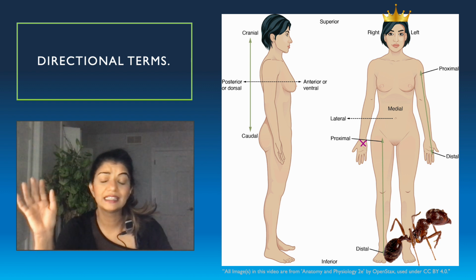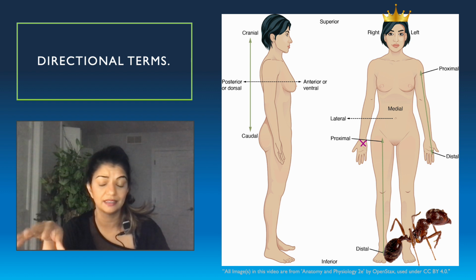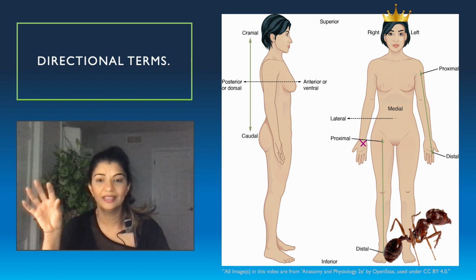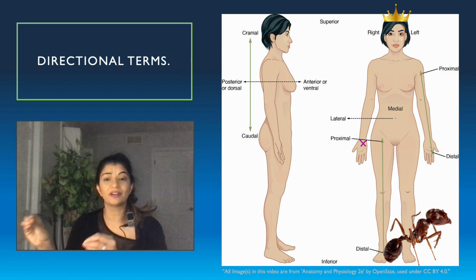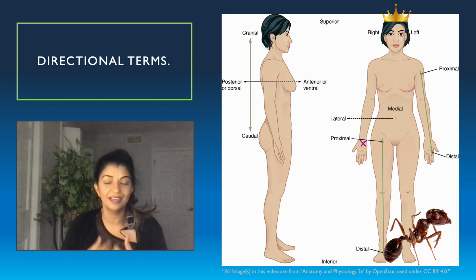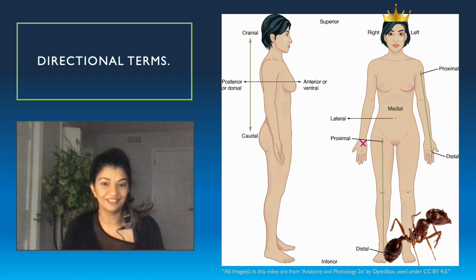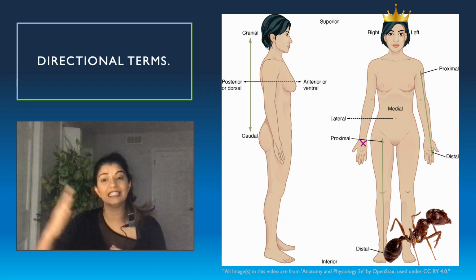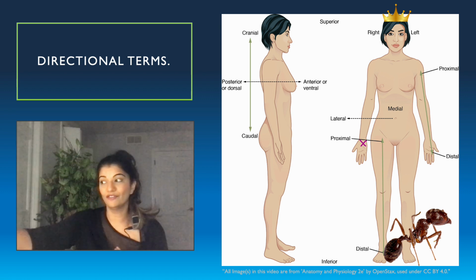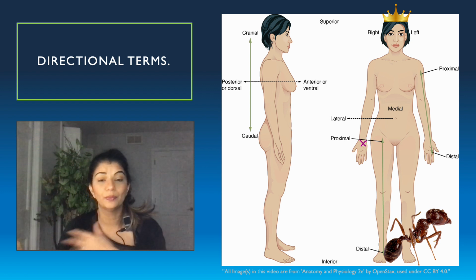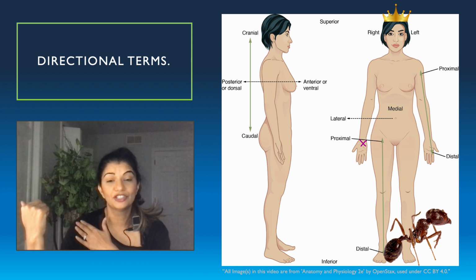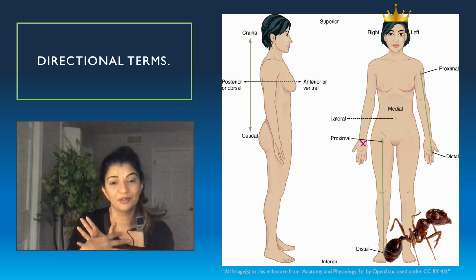And then one that is often a bit tricky for people is proximal and distal. If you're in rehab, this is one that's commonly used. Proximal means proximity, which means it's closer to the core, and distal, just like the name suggests, is going to be distant from the core, right? So your fingers are going to be in distal plane, whereas your shoulder is more proximal to the body.